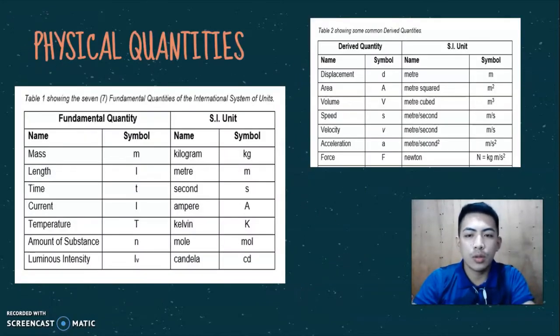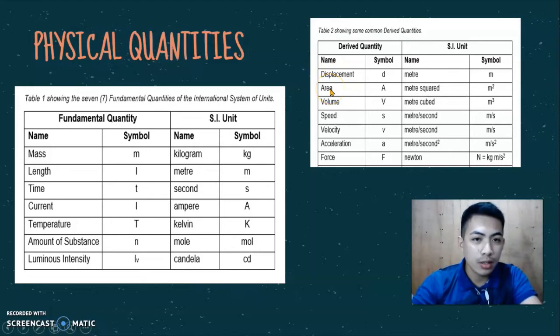If you go back to our table, you will notice that all of our fundamental quantities are scalar quantities, and some of our derived quantities are scalar, like speed, area, and volume. The others, like displacement, velocity, acceleration, and force, are all vectors.